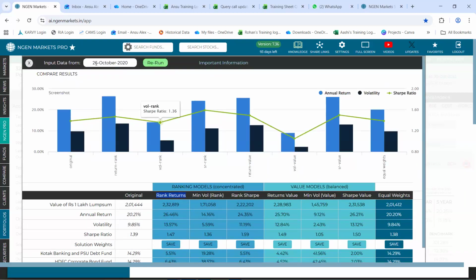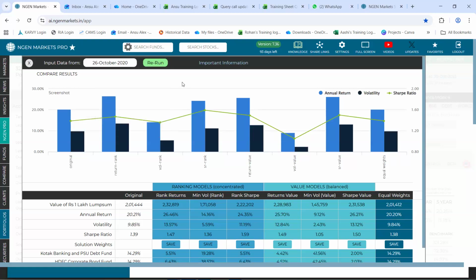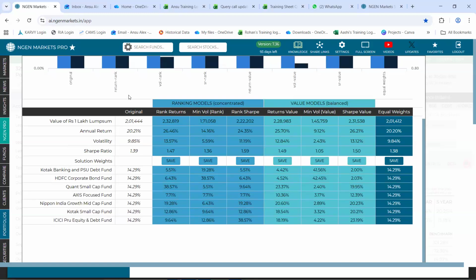So, basis a start date that we had put in, which was 26th October 2020, the system on the back end analyzed all these funds and calculated their CAGR returns. Once the returns were analyzed, it realized that in the past 5 years, out of this list of schemes, Quant gave the best return. Hence, it got an allocation to an extent of 38%.